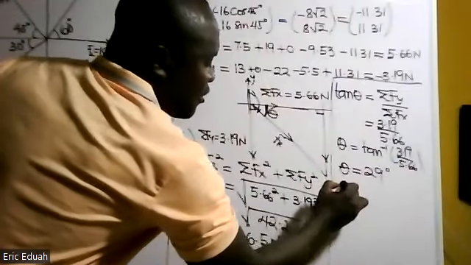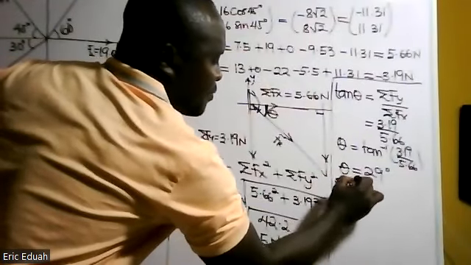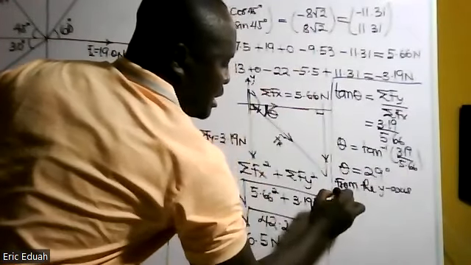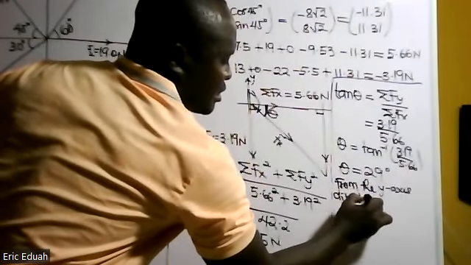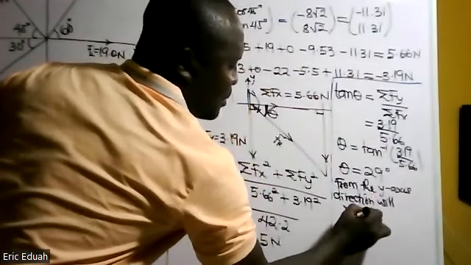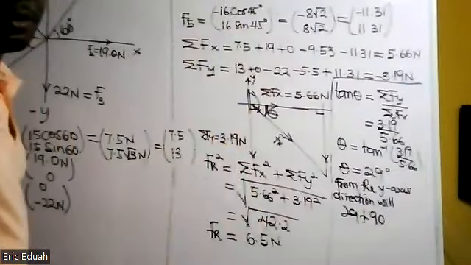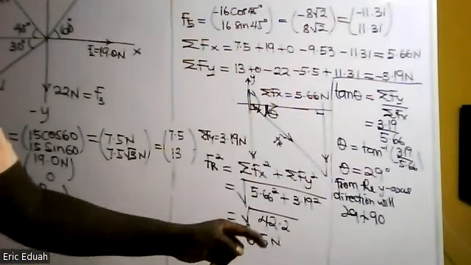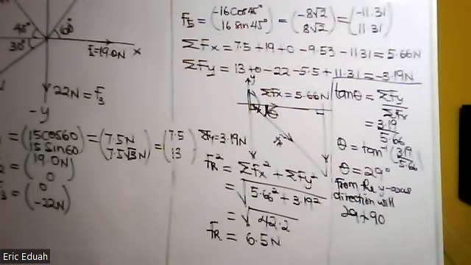So from the y-axis, the direction will be 29 plus 90, which will give me 119.